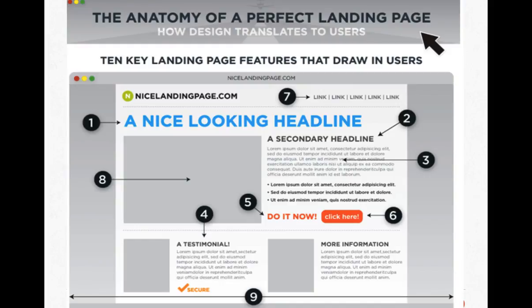This is something that's been passed around the internet a lot, the anatomy of a perfect landing page. You'll see a great headline, secondary headline, description, clear call to action, testimonials providing social proof. Testimonials are a great way for that, maybe even providing tweets from real customers, more information if needed, links. All of these elements have been proven to provide not only great conversion rates, but great customer satisfaction.